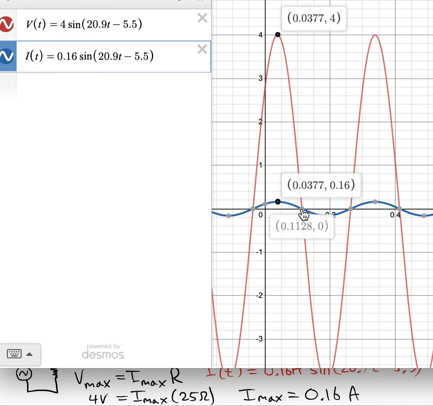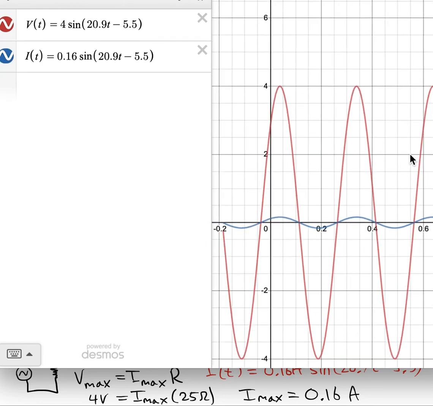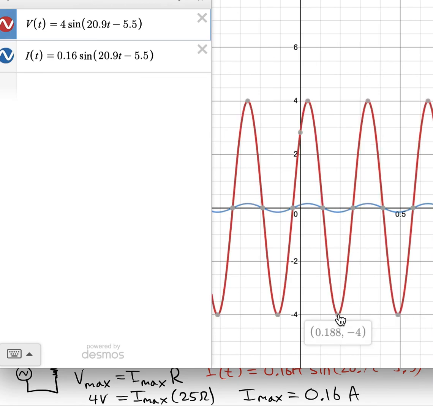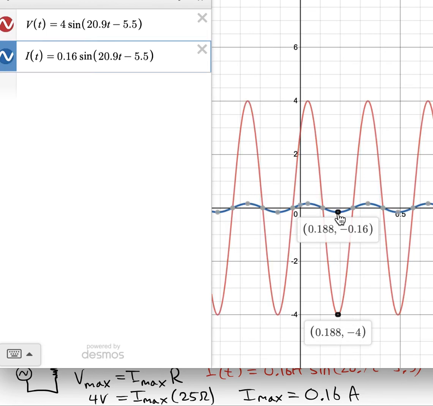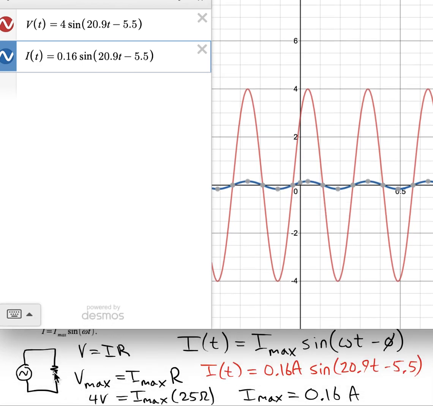We also see that when the voltage becomes 0, the current becomes 0. And if we go to the maximum voltage in the negative direction, it's negative 4 volts, and our current in the negative direction becomes negative 0.16. So basically, when we have just a resistor and a source, the current and the voltage will be in sync or in phase.